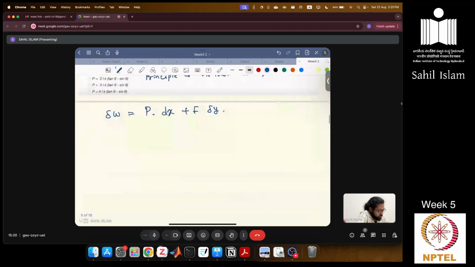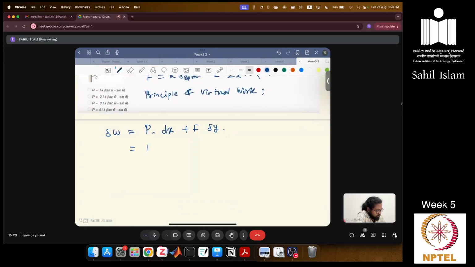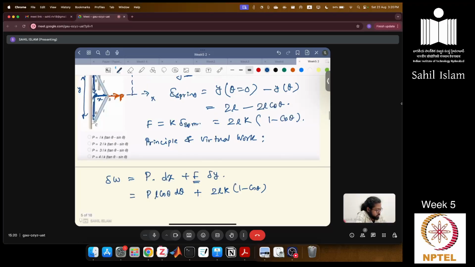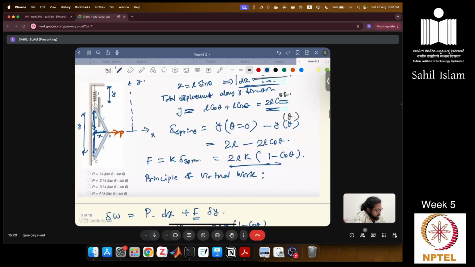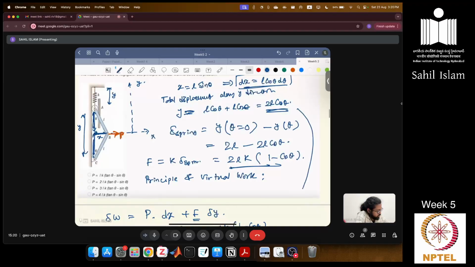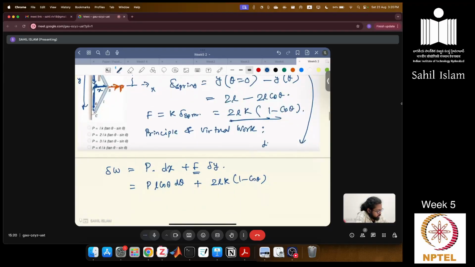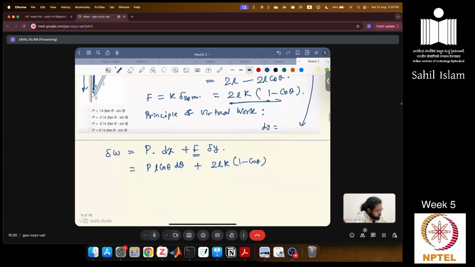So P dx is PL cos theta d theta, plus the spring force, 2L K (1 minus cos theta), times dy. So dy becomes minus 2L sin theta d theta, which is equal to 0.